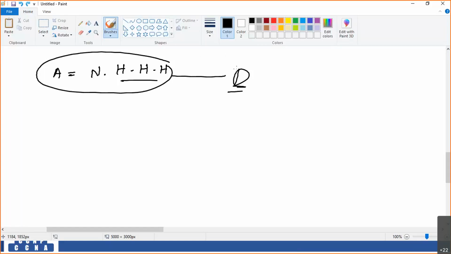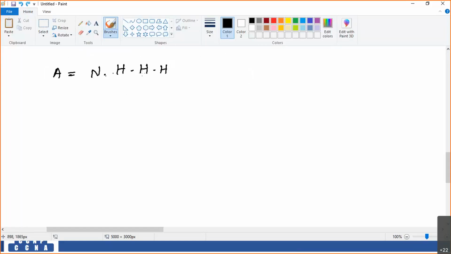How can we tell devices? Bits are 0s and 1s. 1 indicates network, 0 indicates host. First octet 8 bits, second octet 8 bits, third octet 8 bits, fourth octet 8 bits.